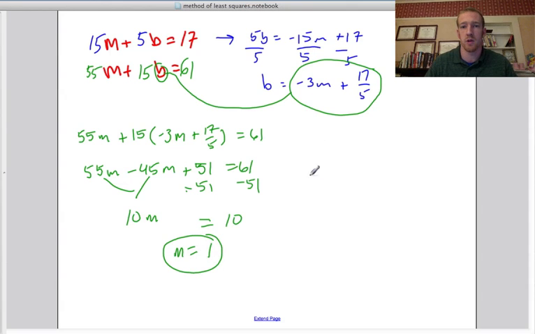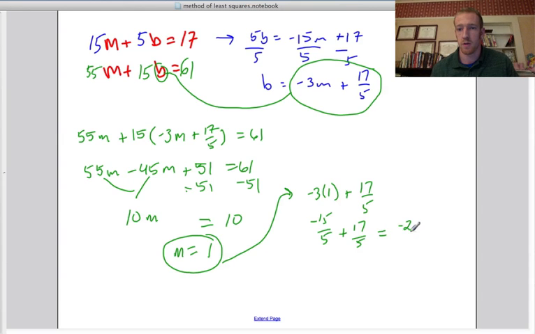Now we go back in and solve for b. And we get negative 3 times 1 plus 17 over 5, which is negative 15 over 5 plus 17 over 5, which is negative 2/5, or positive 2/5 rather, or 0.4.